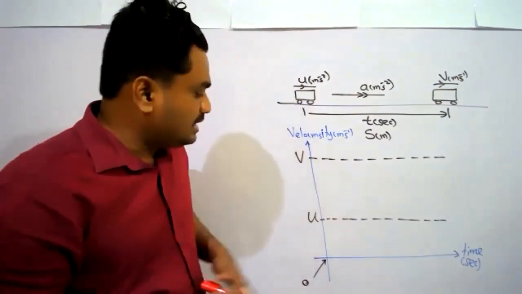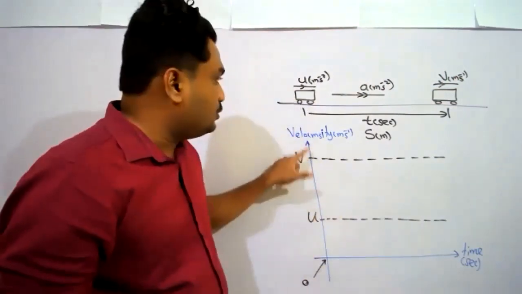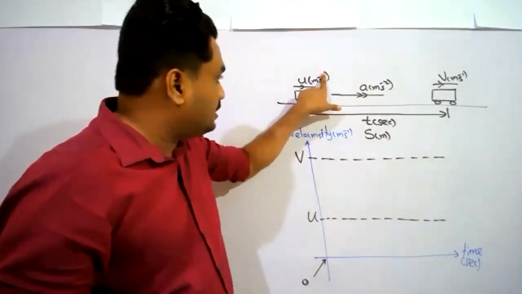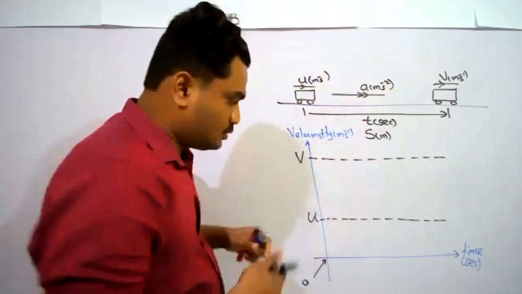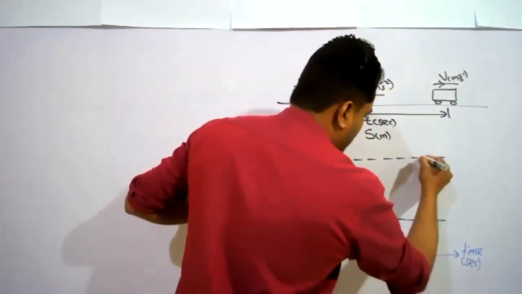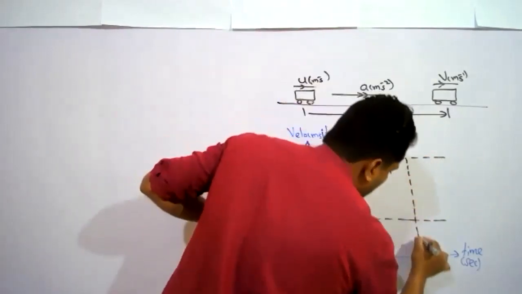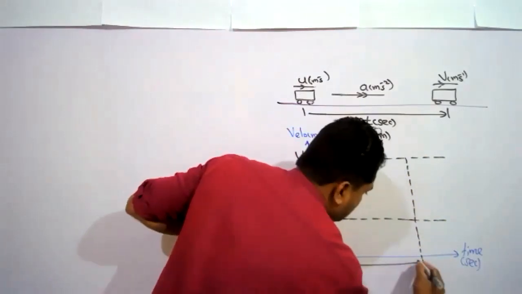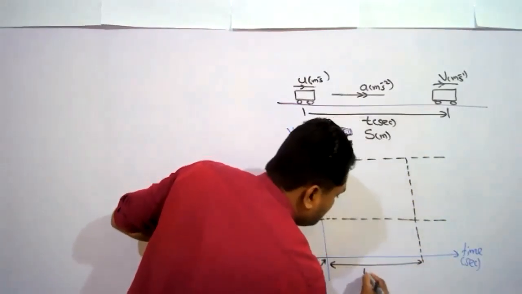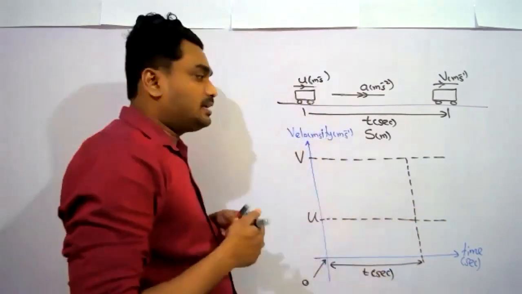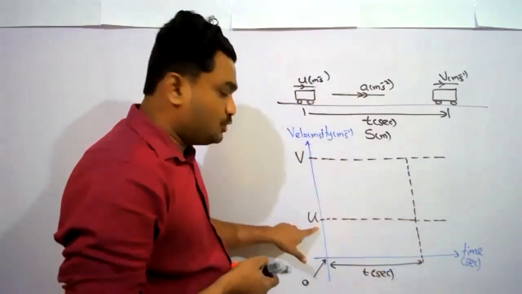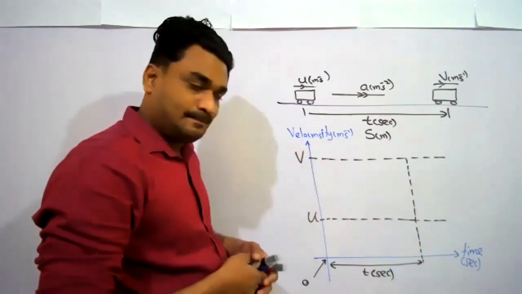Velocity increases from u meters per second to v meters per second within t seconds. Let me take this time duration as t seconds.